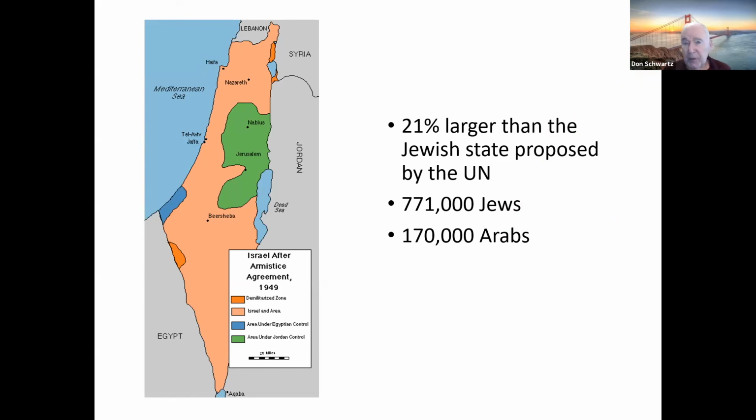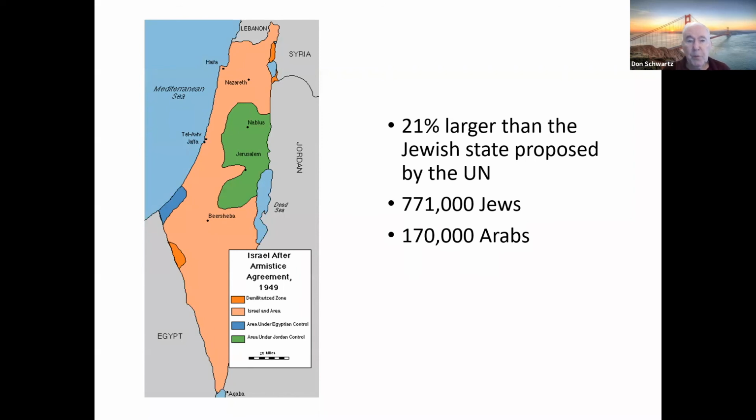It had more defensible borders than it would have had under the partition plan, although the military would have preferred even more defensible borders. The population of Israel was, by 1949, at 771,000, with 170,000 Arabs.